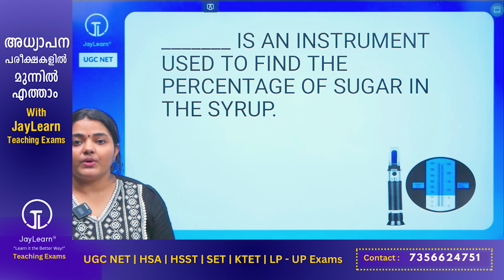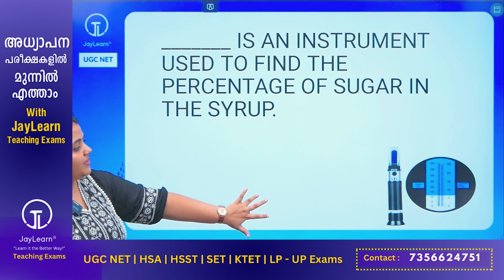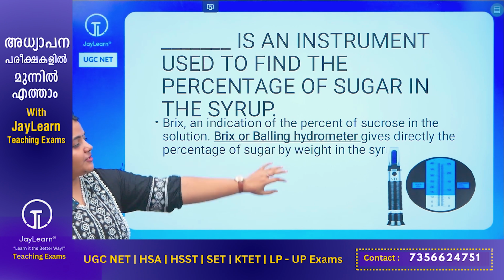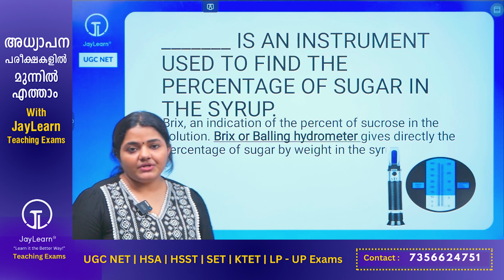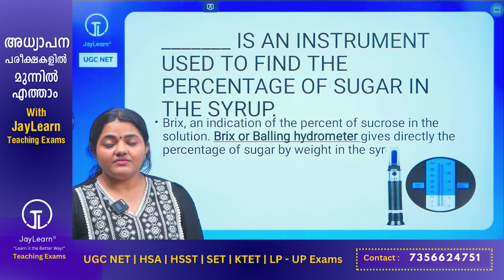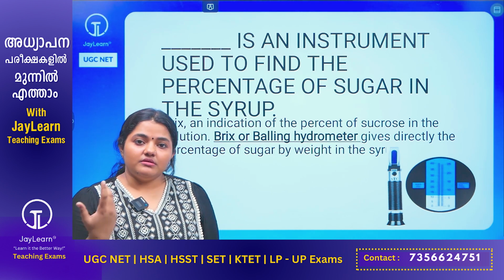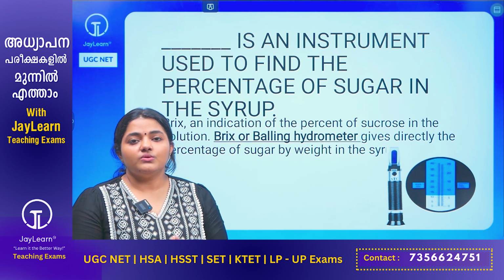Okay, we'll look into certain questions and we will wind up the session. So, dash is an instrument used to find the percentage of sugar in the syrup, which is brix, an indication of the percent of sugar in the solution. Brix or boiling hydrometer gives directly the percentage of sugar by weight in the syrup. This instrument is usually used in most food preservation factories, like in ketchup, jam, jellies, or the normal sugar concentration when you are making gulab jamun, all those food products.